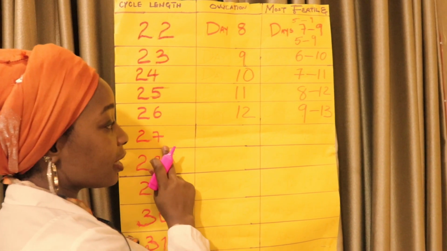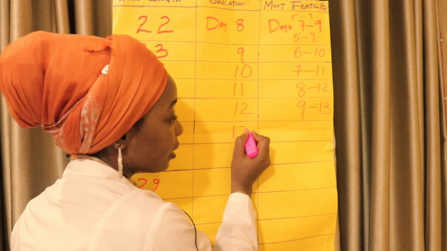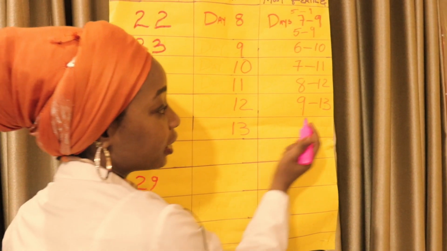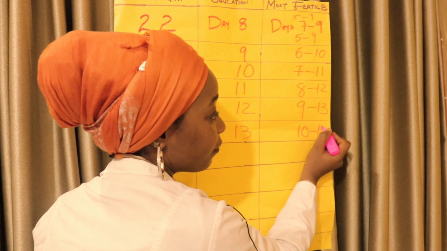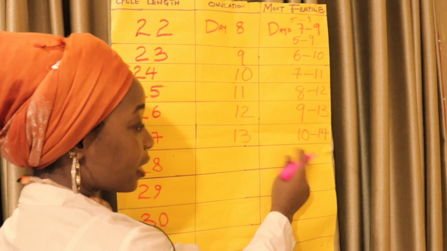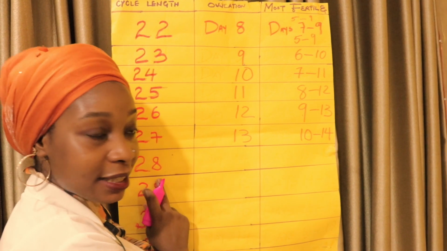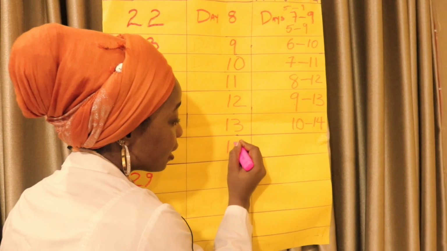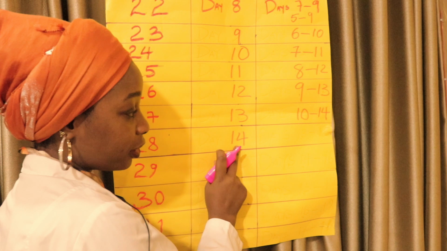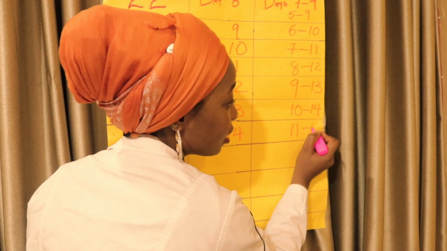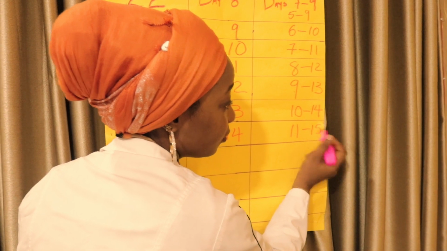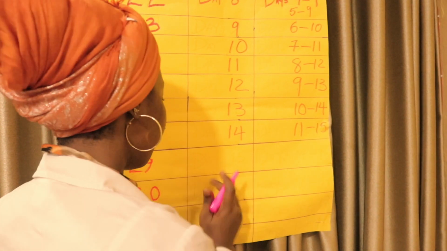For 27 days, day 13 is your ovulation day. Day 10 to day 14 is your fertile window. For a 28 day cycle length, day 14 is your ovulation day. Day 11 to day 15 is your fertile period.